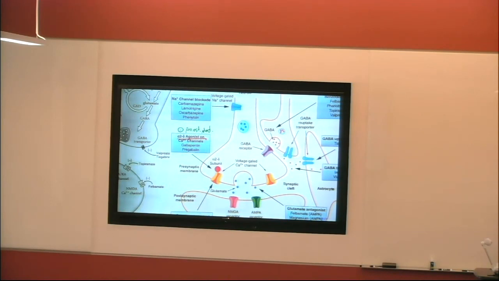So all these mechanisms are inhibitory, because we're looking at mechanisms of action of anticonvulsants. But if you look for an excitatory effect, you could think of different ways, such as something that prevents GABA release or storage.